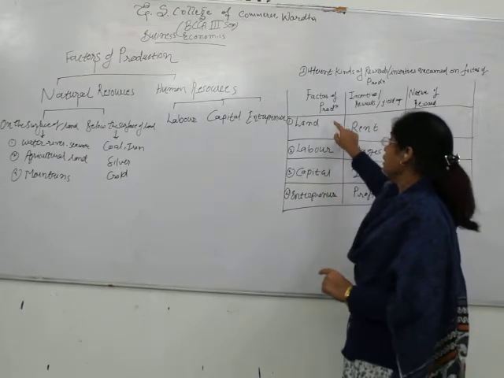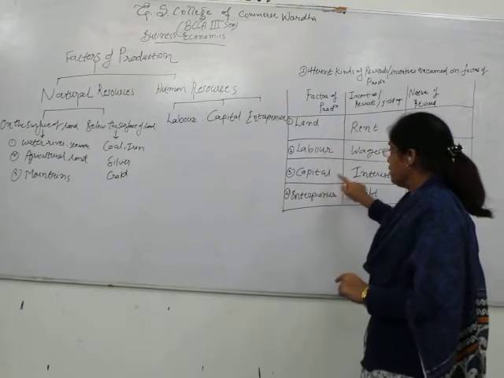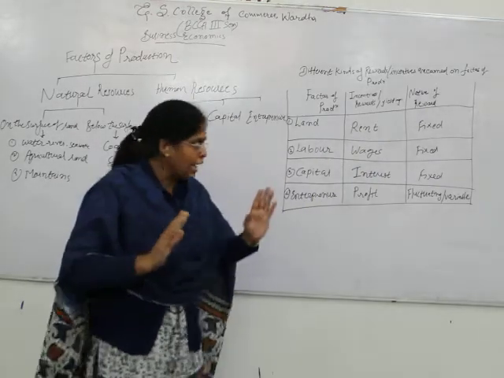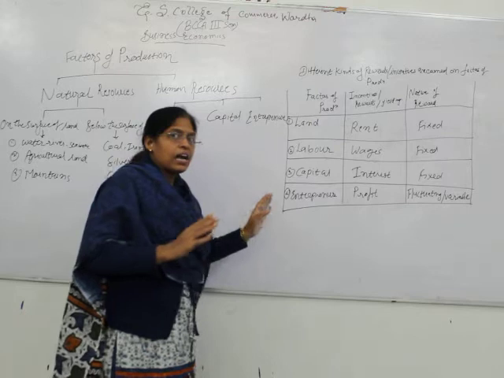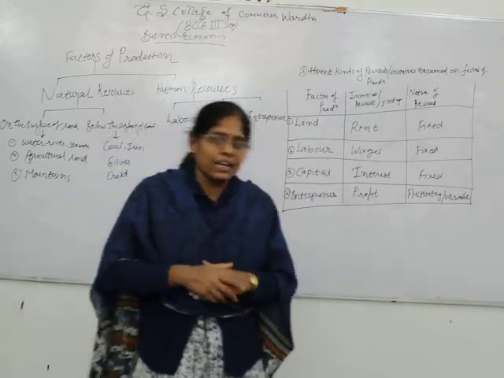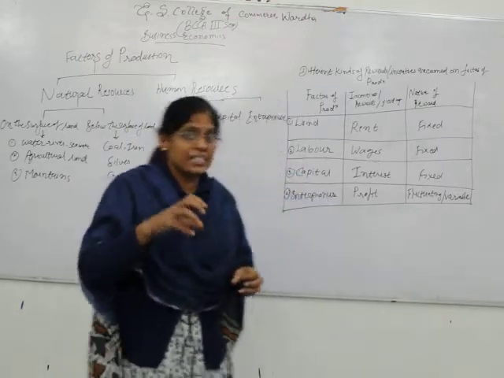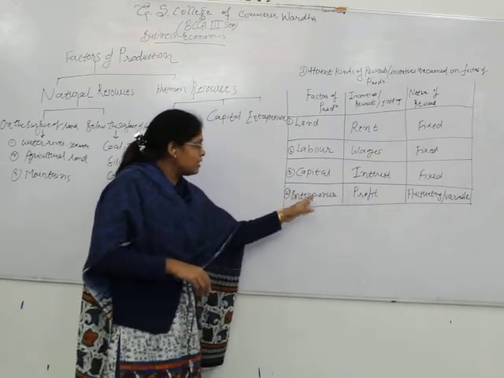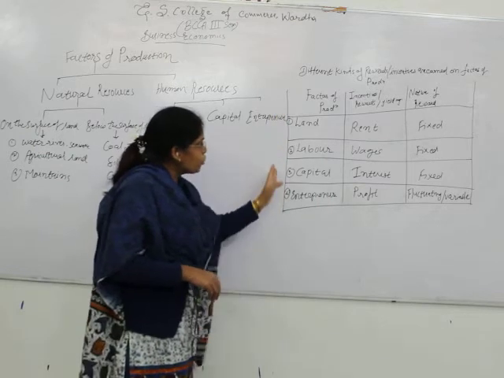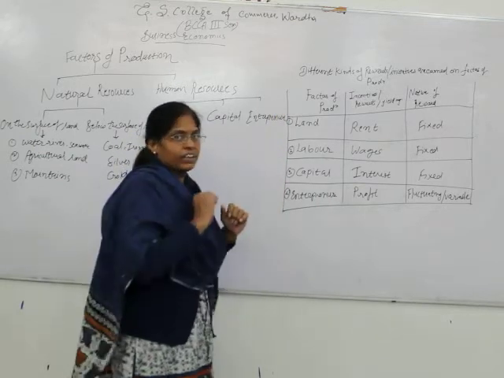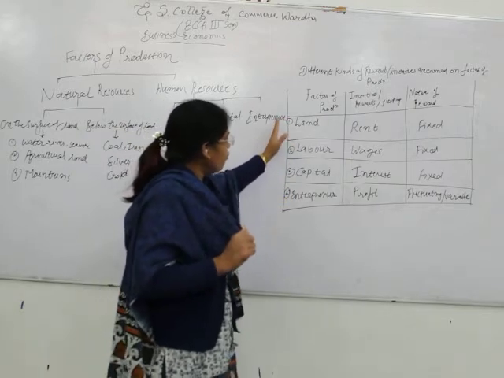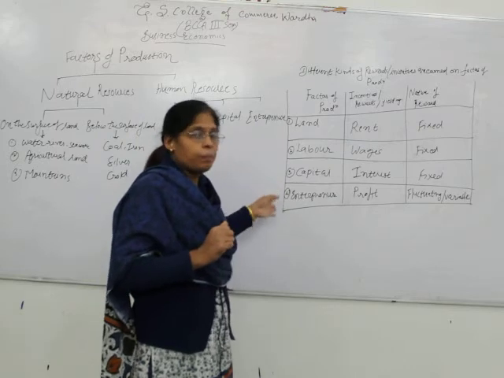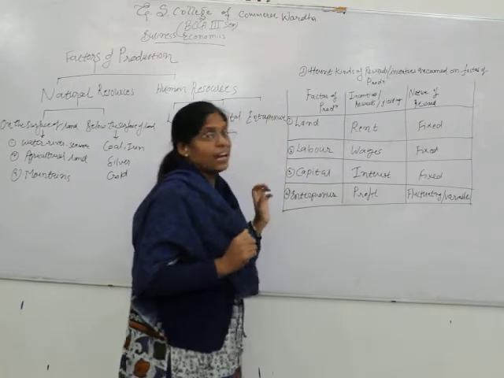Out of these, land, labor and capital are commonly said to be the factors of production, but entrepreneur is added in the latest syllabus, because unless there is an entrepreneur, these factors cannot be utilized. So the fourth factor is the entrepreneur. With the help of land, labor and capital, the entrepreneur, the producer, the supplier, the seller, carries out this activity.